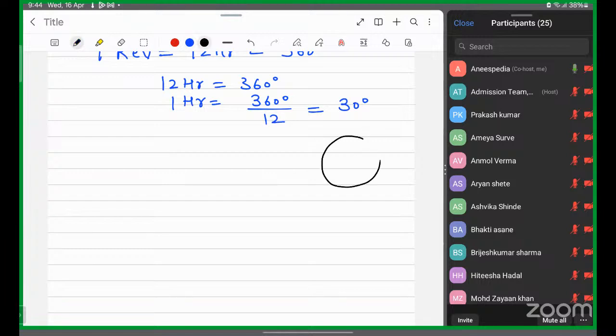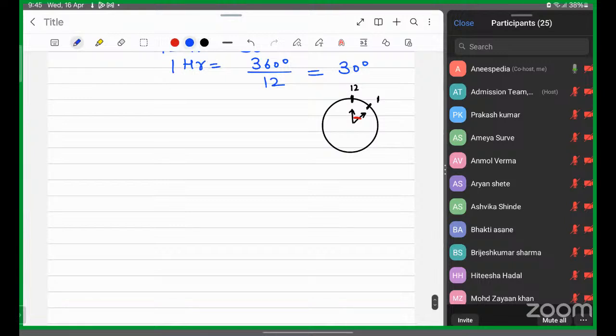It means, let's say this is 12, this is 1. If the hour hand goes from 12 to 1, that will be a complete 1 hour. So in that case, this angle will be 30 degrees.